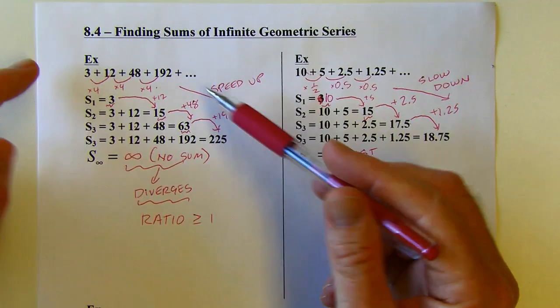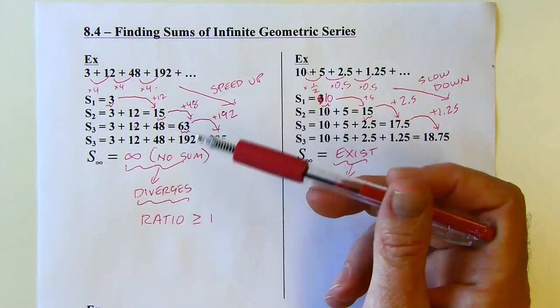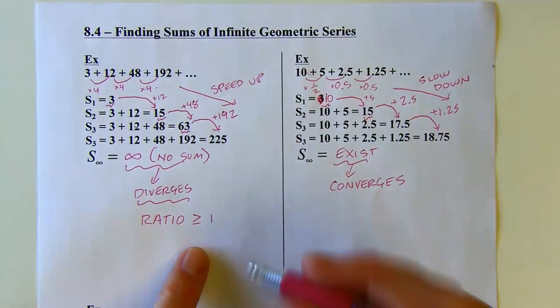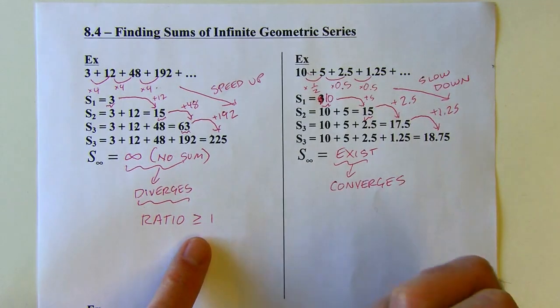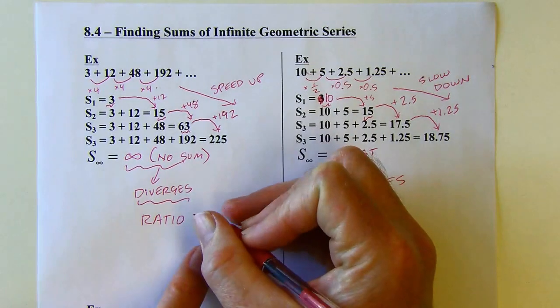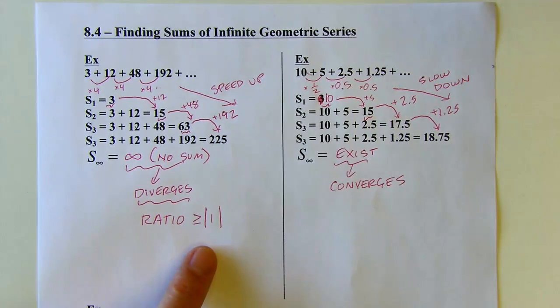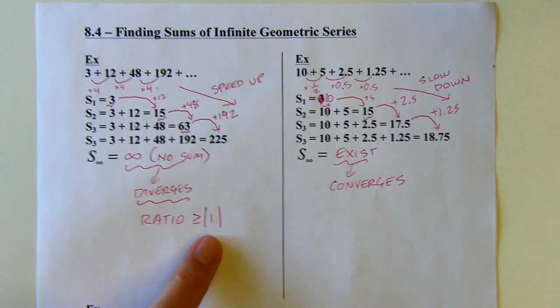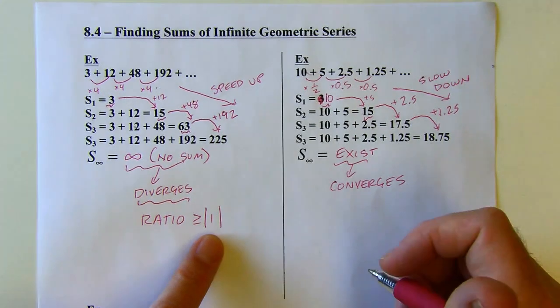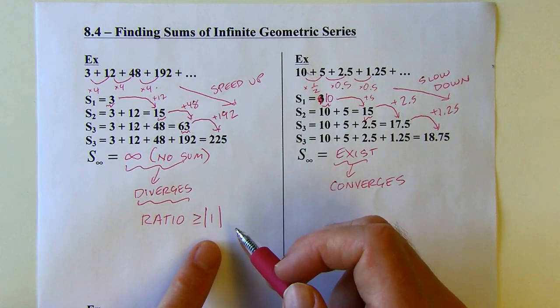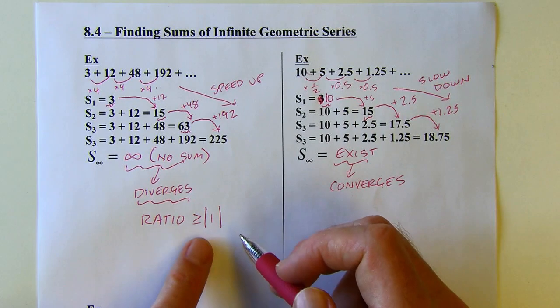If I had a ratio of -4, it would actually diverge as well. So when I say it's greater than or equal to 1, it could also be less than or equal to -1. It's technically greater than or equal to the absolute value of 1. So it could be 2 or 3 or 4, but it also could be -2 or -3 or -4.